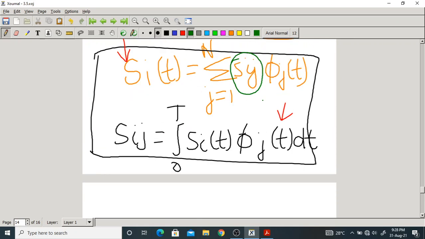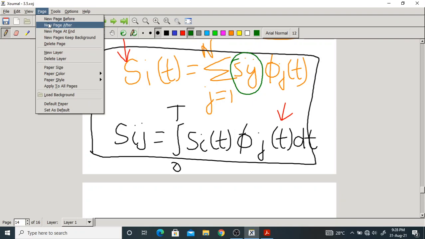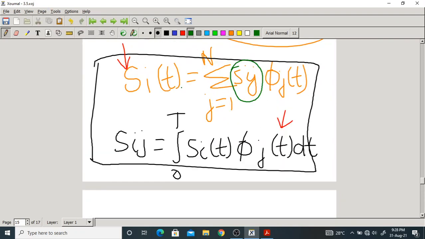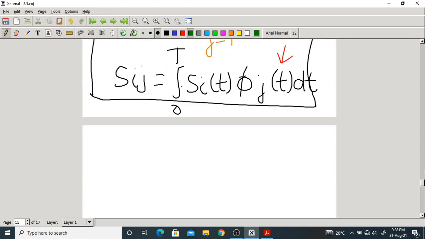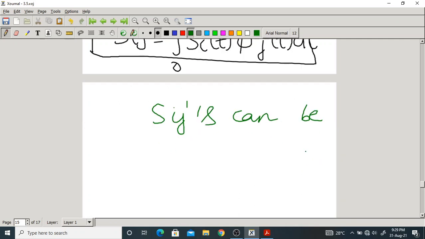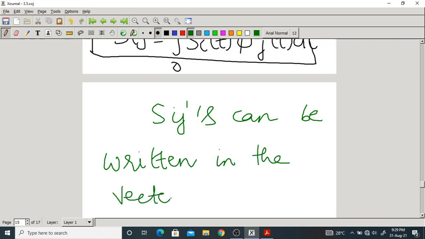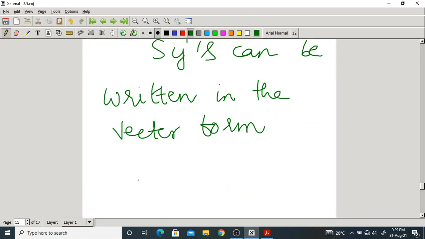Okay. So how? Now, these coefficients Sijs can be written in the vector form, denoted by vector Si.